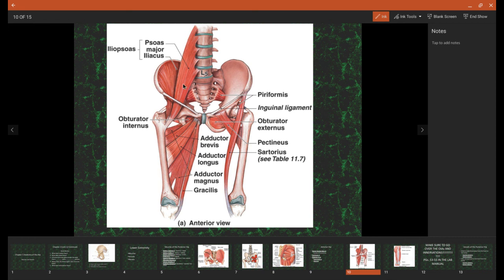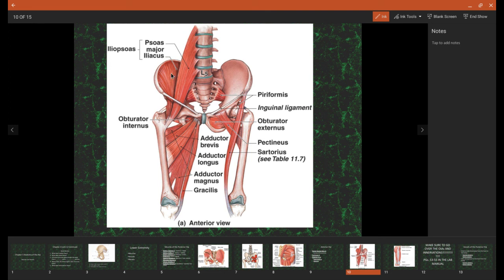Now, if you follow it down, you'll see it insert to that lesser trochanter right there. And what psoas major is responsible for is it's actually going to be doing flexion of the thigh. So it's going to bring this thigh bone, the femur, upward. And by itself, it's also going to cause lateral rotation of the thigh and also flexion of the vertebral column here.